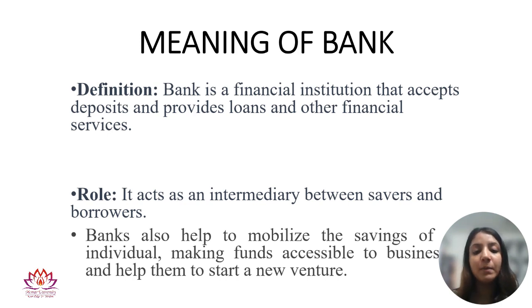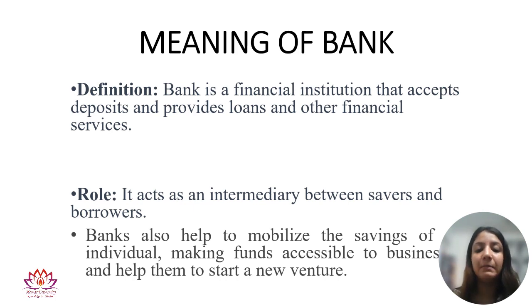When we talk about the role of a bank, it acts as an intermediary between the savers and the borrowers. The savers are the people who have spare money to be invested, and the borrowers are the people who need money for some future venture or for starting a business.